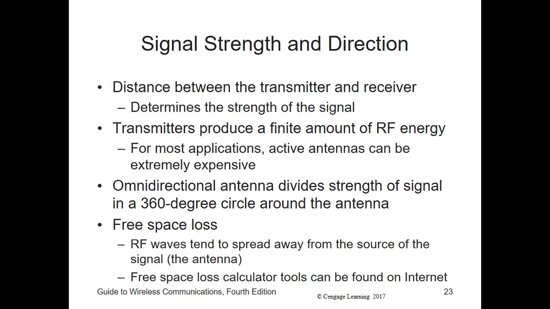Signals also lose energy as the electromagnetic wave travels away from the antenna. This behavior is primarily the result of free space loss. This happens because RF waves tend to spread away from the source of the signal, which is the antenna, similar to the circular wave created when you throw a stone into a pond.